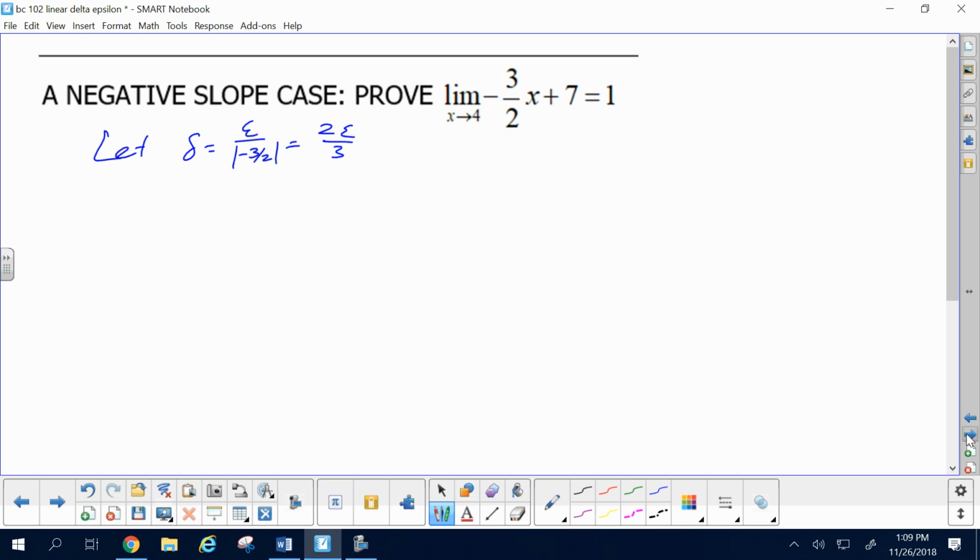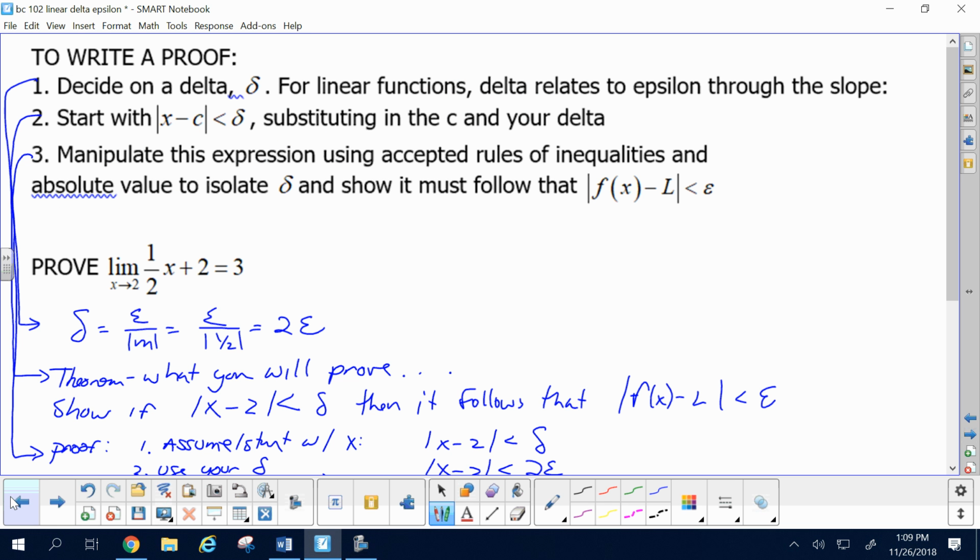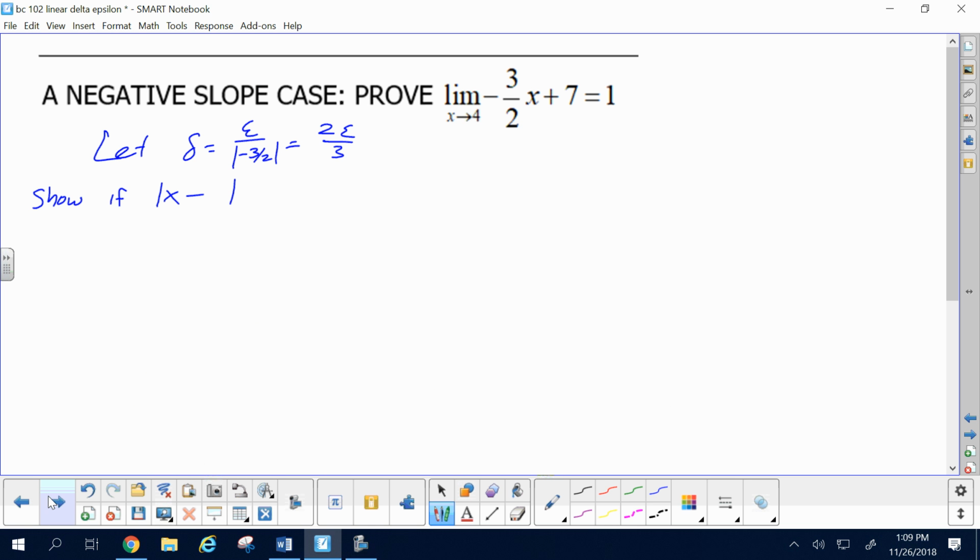All right. Now here's the idea. I will show that if the difference between x and, now it's not 2 like in the previous case because x is not approaching 2 now. Now we're approaching 4.